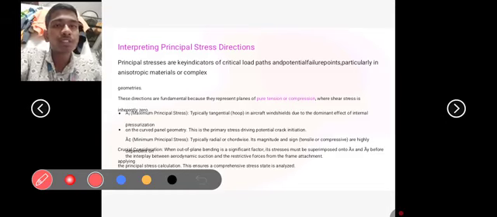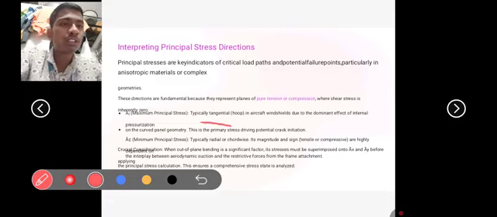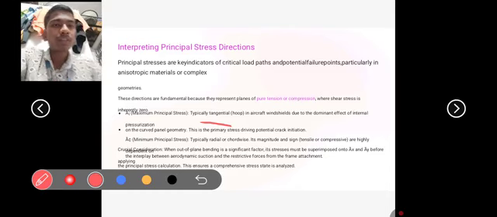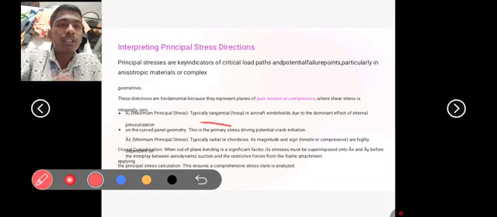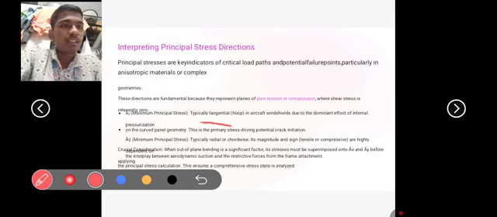Maximum principal stress is typically tangential, the hoop direction in an aircraft windshield, due to the dominant effect of internal pressurization, and second, the curved panel geometry. This is the primary stress driving potential crack initiation.